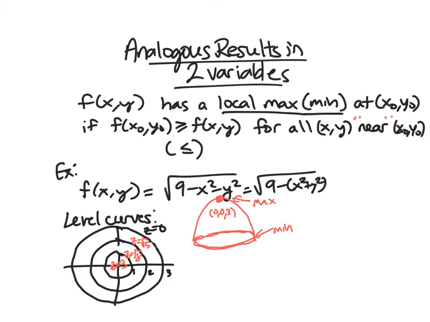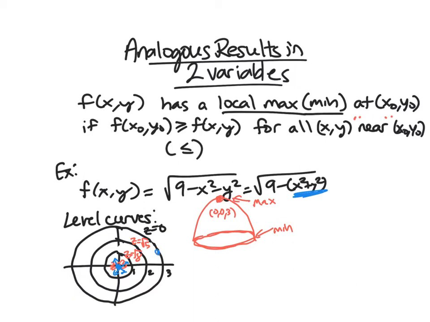So the way I like to think of this is, okay, so I said this is a max here at 0, 0, because I'm really just talking about my domain, right? And so if I just go a little bit away, nearby, I can go in any direction I want from 0, 0, then I'm going to be subtracting stuff away from 9 in here and therefore getting smaller, right? So if xy is close to 0, 0 but not equal to it, then I'm going to be getting a smaller value than 3.